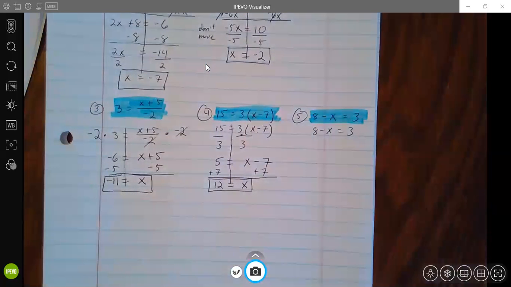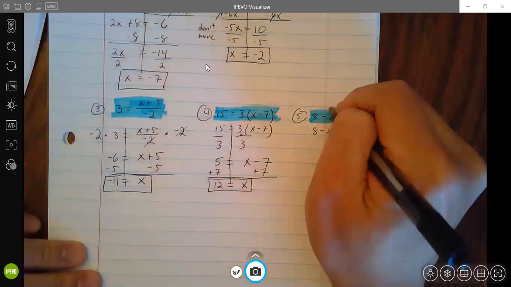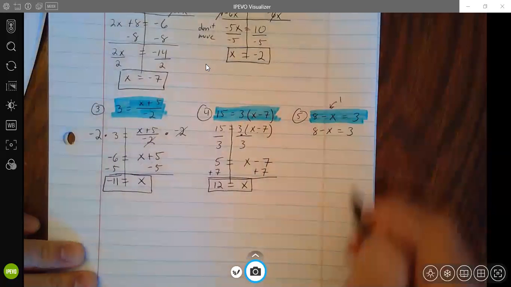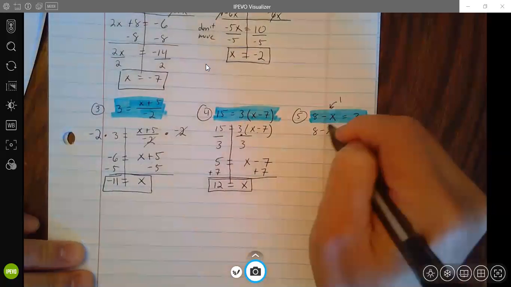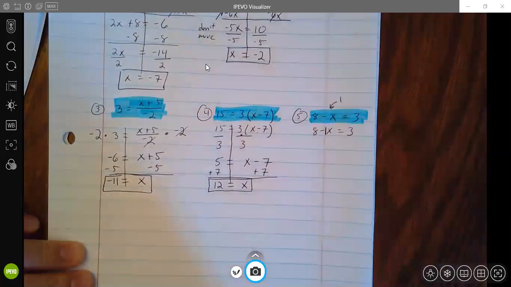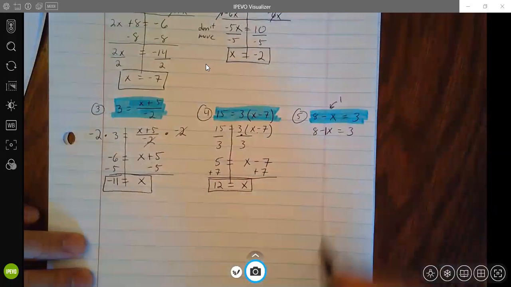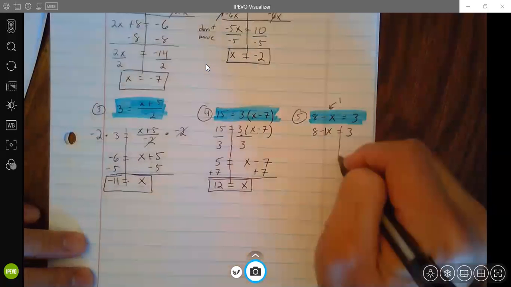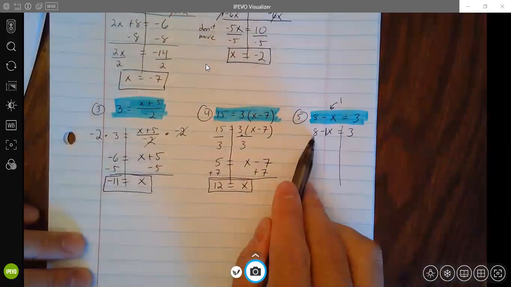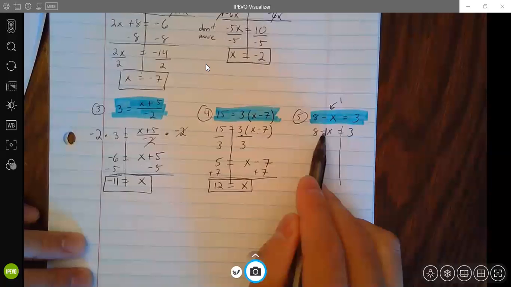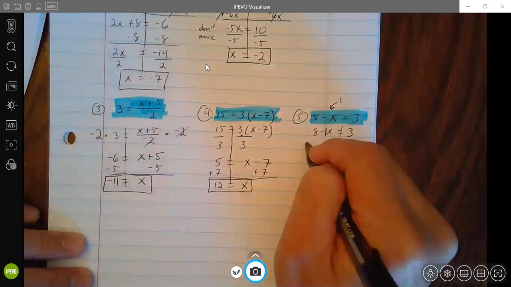But remember, there is a 1 in front of this x. So I'm going to put a 1 in front of that x there, 8 minus 1x. So I got to get the x by itself. Again, that's a positive 8. Right, that minus goes with that 1x. So I'm going to subtract this 8 since it's a positive 8.